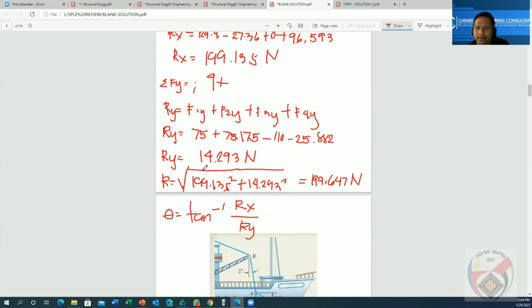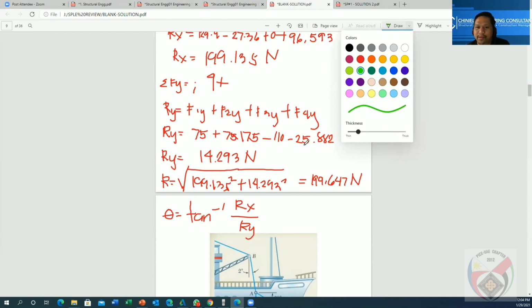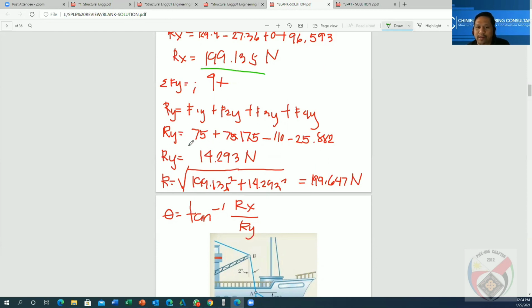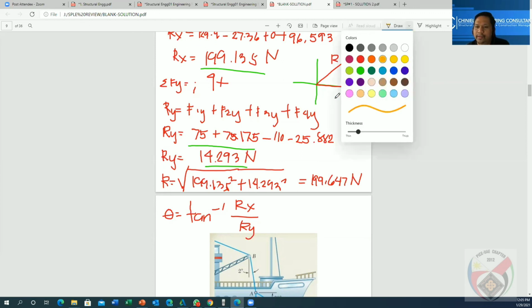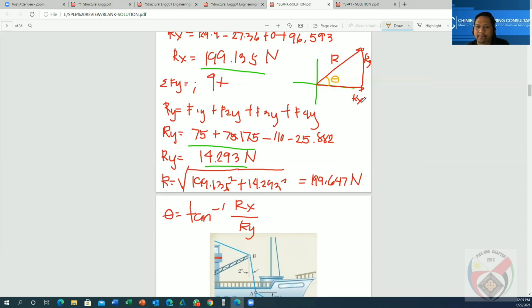In this case, everything is positive. So Rx is positive and Ry is positive. If you plot it in the plane, Rx is here and Ry is there. This is your R, and this is your theta. Okay? By using the tangent, opposite over adjacent, it should be Ry.